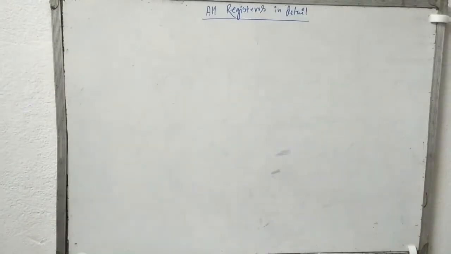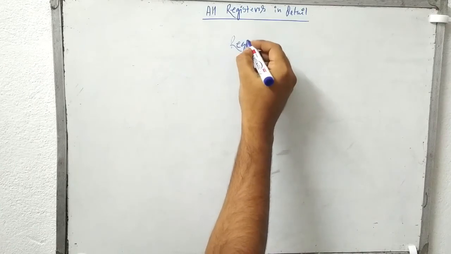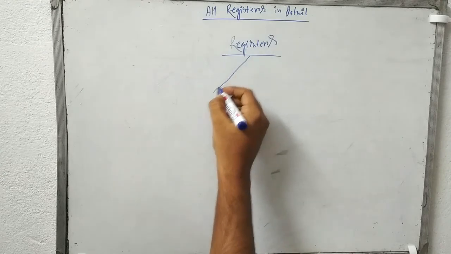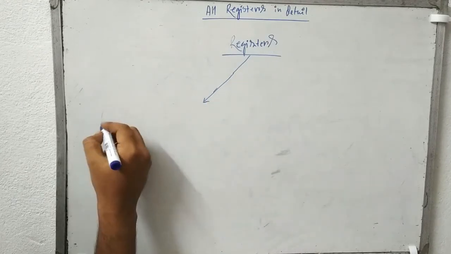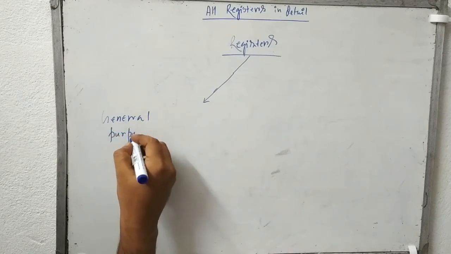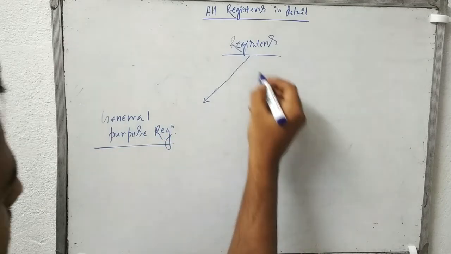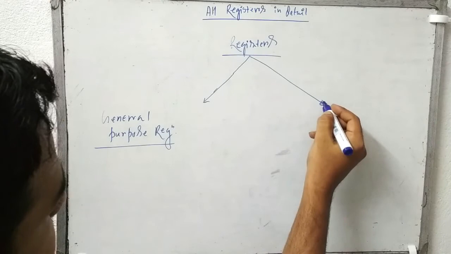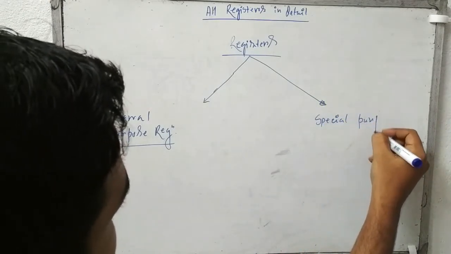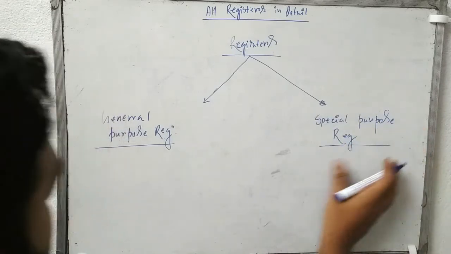Take an overall view. Suppose these are the registers in a microprocessor. We can divide them in two ways: one is general purpose registers, and one is special purpose registers.